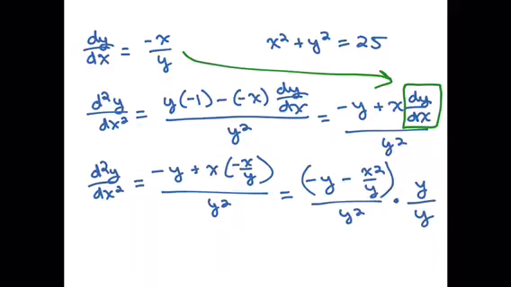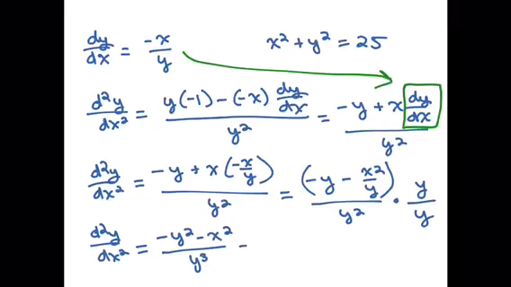And when we distribute this y to the numerator, I get negative y squared, and then for the second term the y's cancel, so minus x squared, all over y cubed.